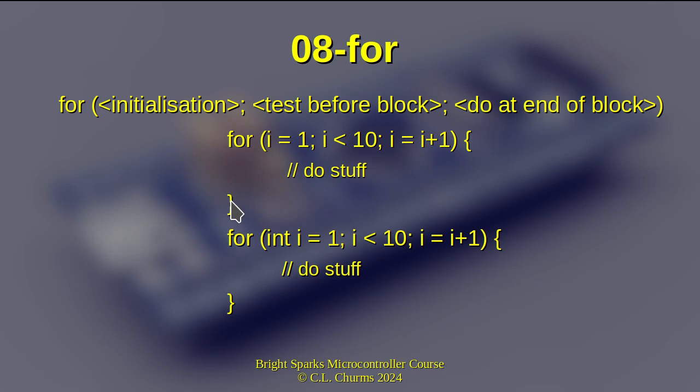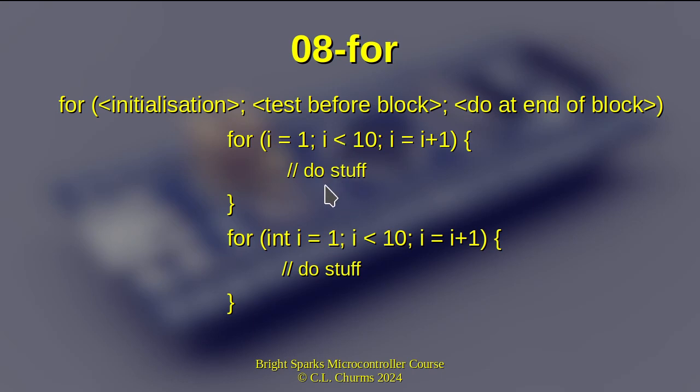When we reached the end of the block, the old I plus 1 becomes the new I. So now I is 2. Now we test before the block, and we say, is I less than 10? Yes, because it's 2. So, do the block once more.